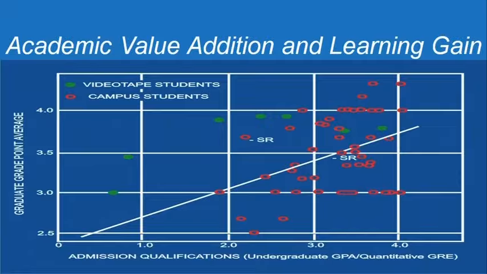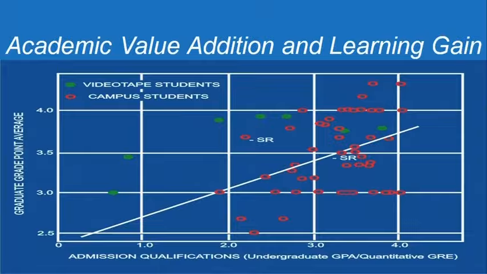How much did this student get? Her GPA, on this scale, was approximately 0.8 at admission, at entry. What was the GPA at exit? Approximately 3.5, which is quite a substantial gain.